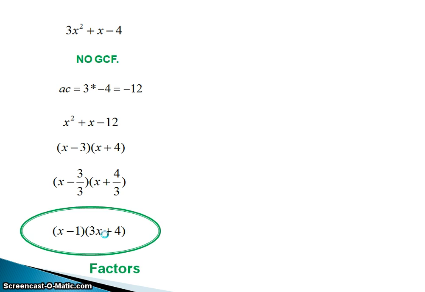But wait, I'm not done. Those are just my factors. I still have to solve for the x-intercepts for this quadratic, or the x's. And so I'm going to set each one of these equal to 0. Ooh, it looks like I forgot my 0 here. I have x minus 1 is equal to 0, and I add 1 to both sides, end up with x is equal to 1, and 3x plus 4 is equal to 0.